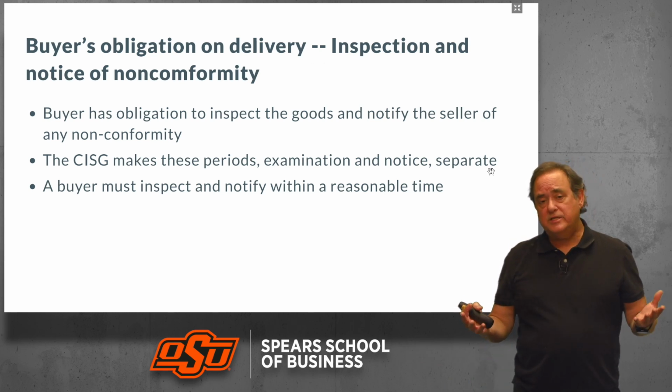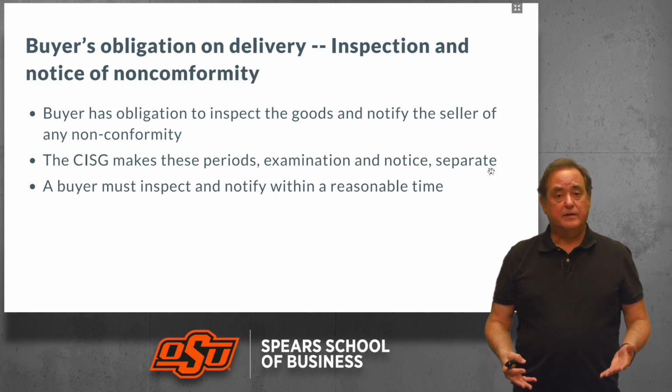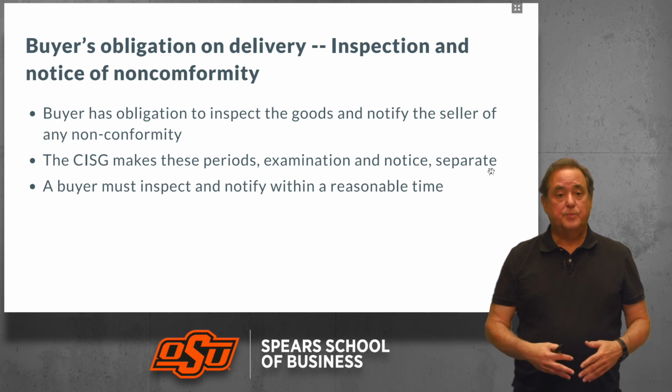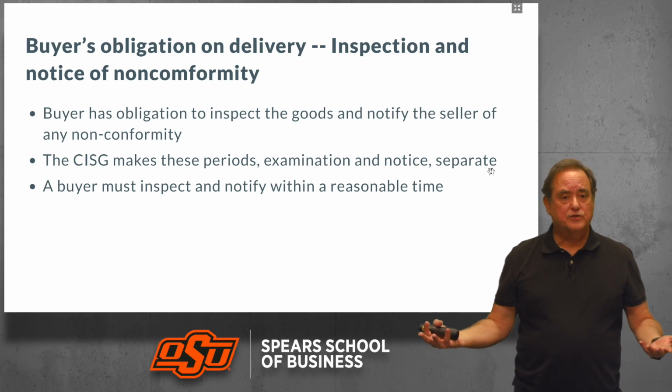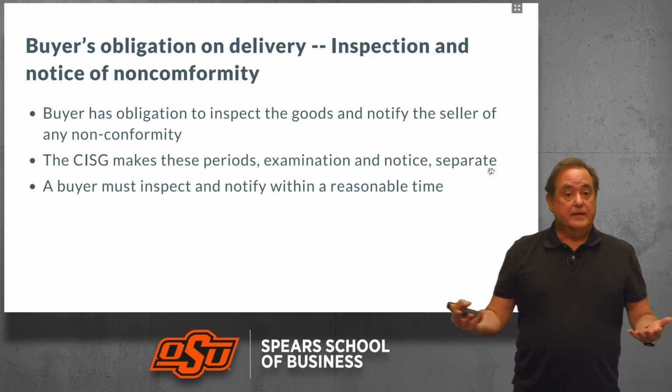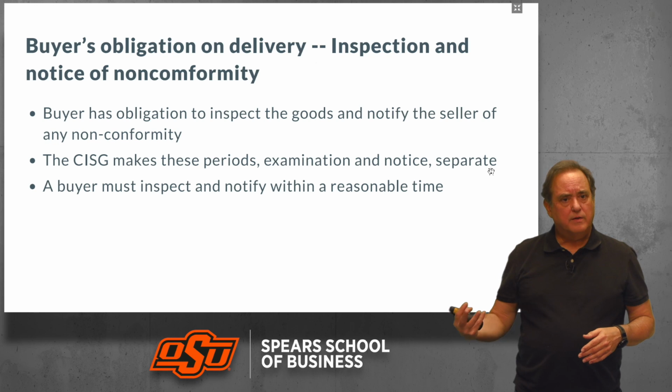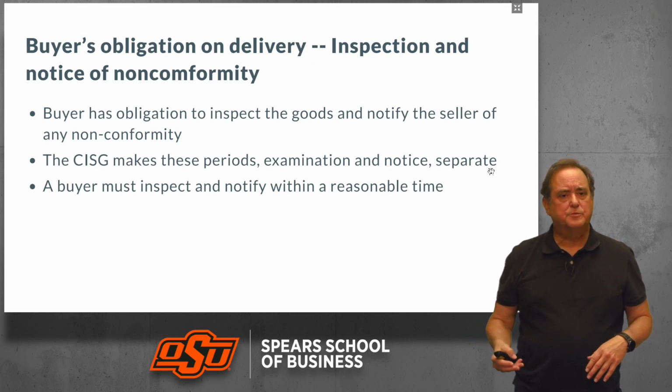Now, what is a reasonable time? It's going to depend. What is the type of good? If the goods are fresh fruit that may spoil without refrigeration, within a week, the buyer must inspect before that week is up. A buyer must inspect the goods within a reasonable time.